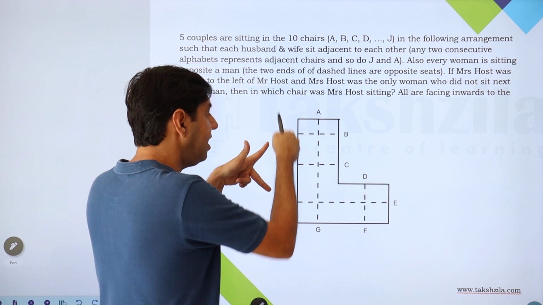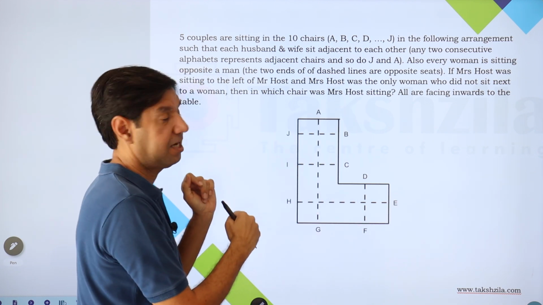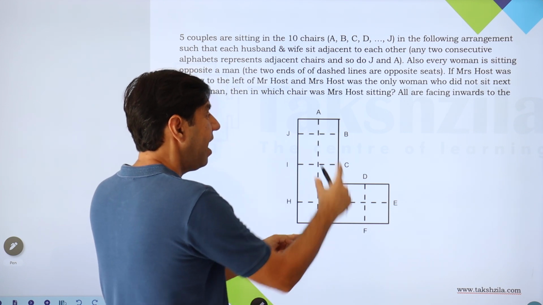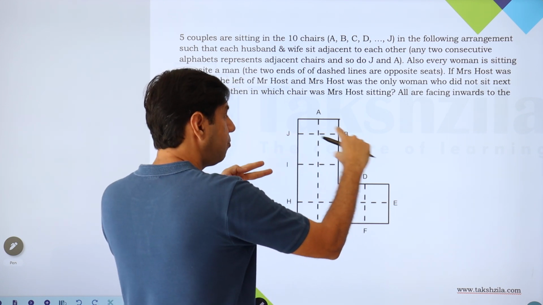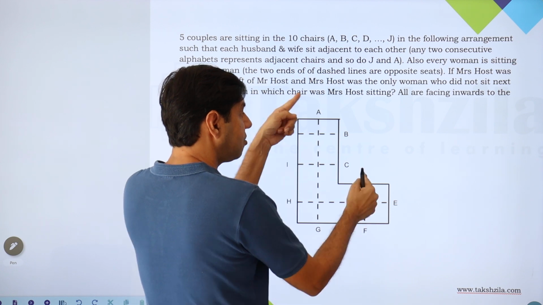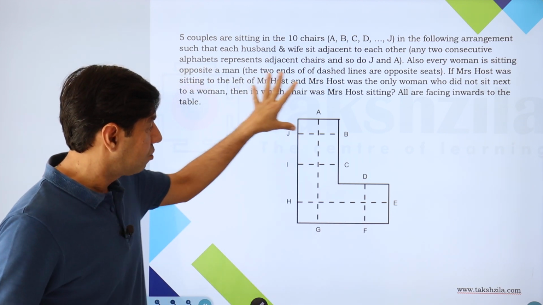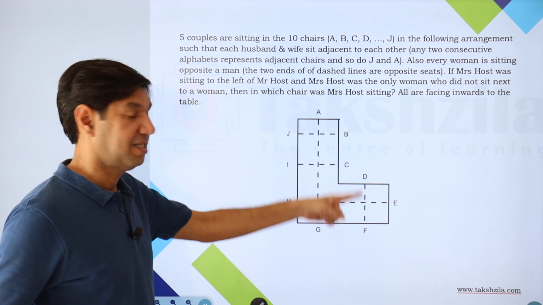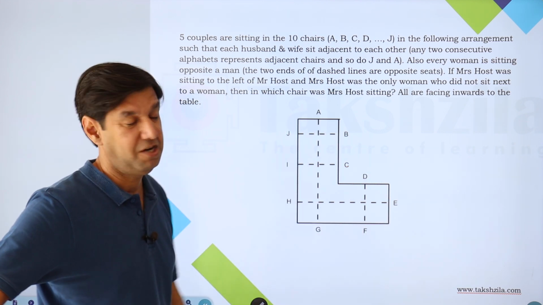But these are 3 in a row. Nowhere else do you have 3 in a row. These are 2 in a row. You might say these are also 2 in a row, but they are not really identical, right? The opposites of them are adjacent. The opposites of G and F are not adjacent. So you're not going to be able to find enough similarities between chairs to reduce it.